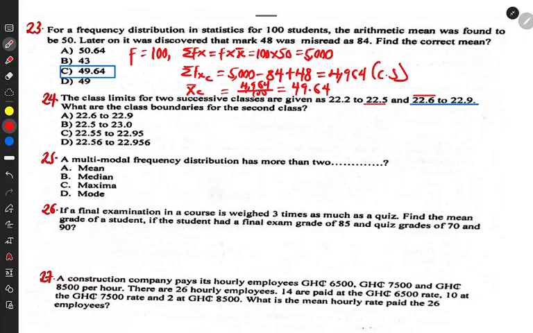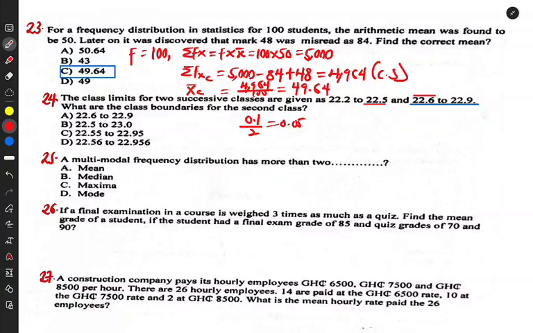So 22.5 taken from 22.6 gives 0.1. You divide 0.1 by 2, and you get 0.05. So 0.05 becomes the common point that will mark the class boundary.